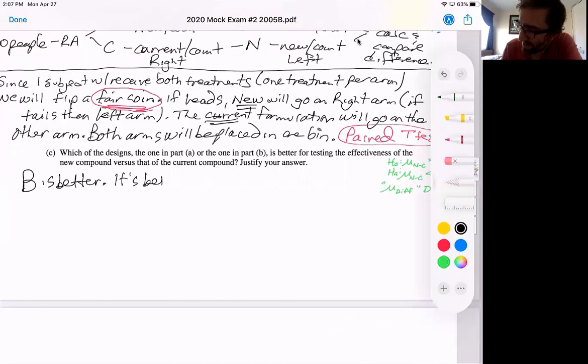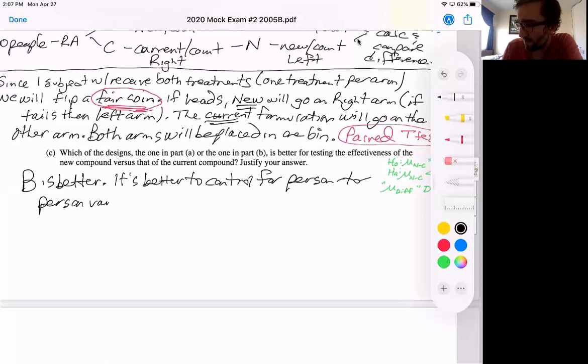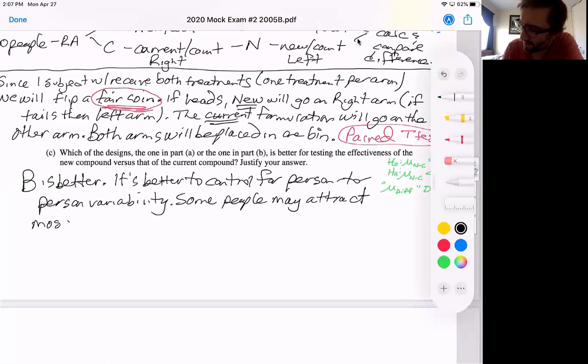It's best to control for person-to-person variability. Some people may attract mosquitoes more than others.